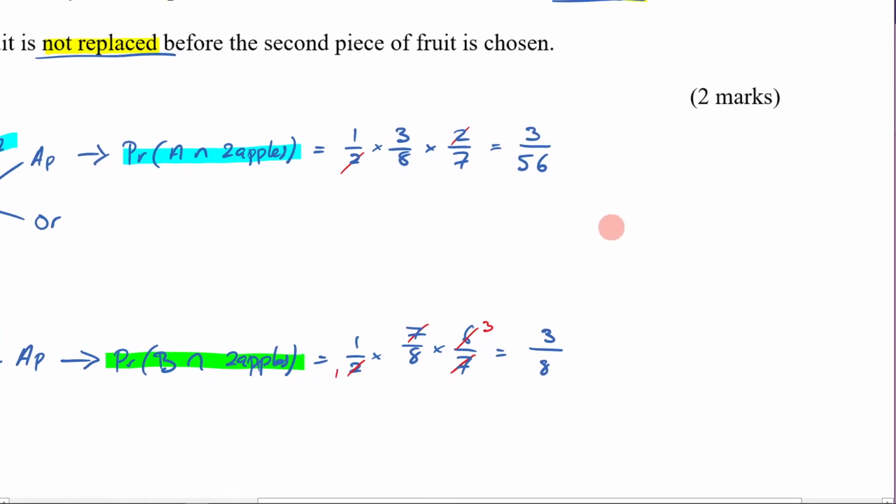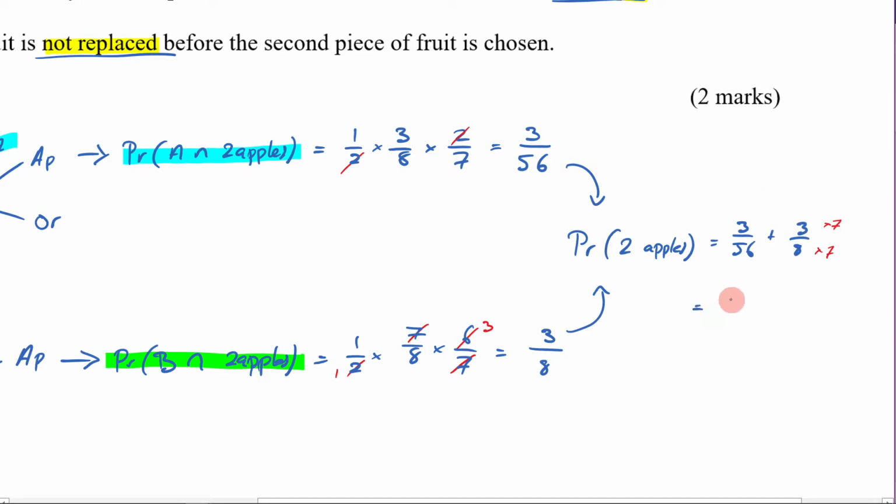Now that I've got both of these, for me to figure out the probability of 2 apples, I'm simply going to add them together. So I'm going to go 3 on 56 plus 3 on 8. So that means I'm going to times this by 7 and this by 7.